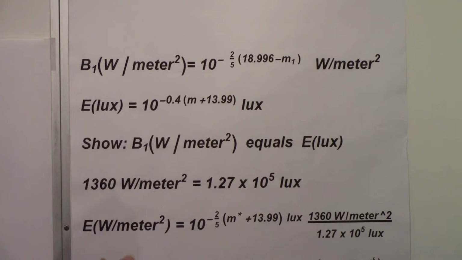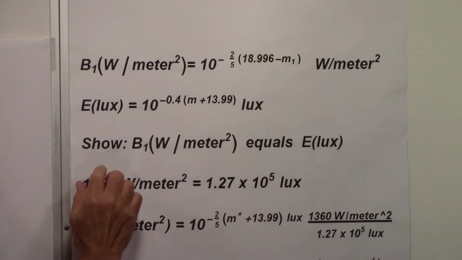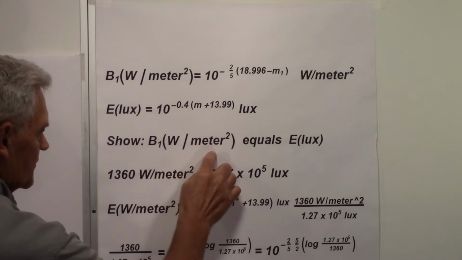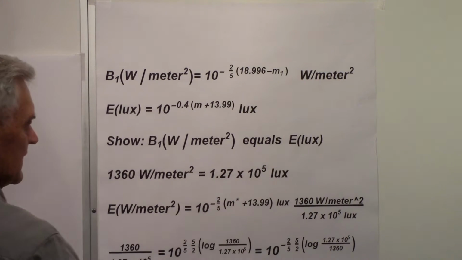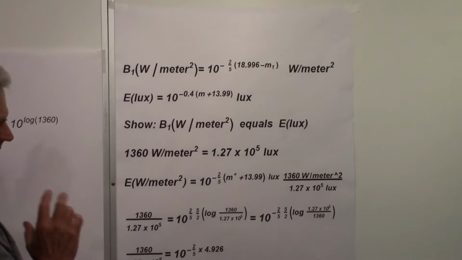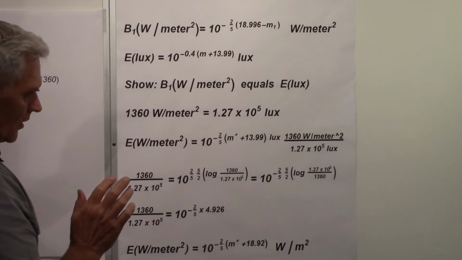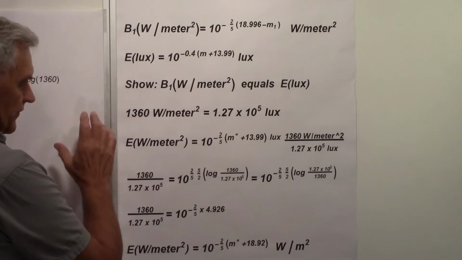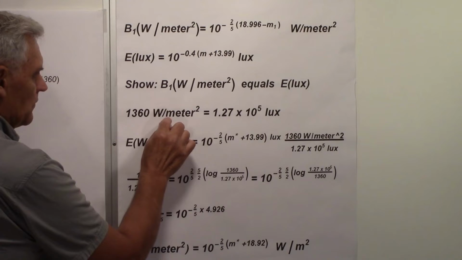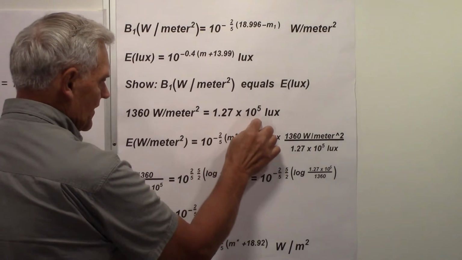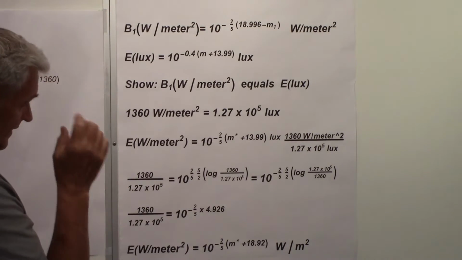So we want to show that the B1 that we have in watts per meter squared is equal to the illuminance the Canadians have in lux. In their Observer's Handbook, they show that for the sun, 1360 watts per square meter is equal to 1.27 times 10 to the 5th lux.